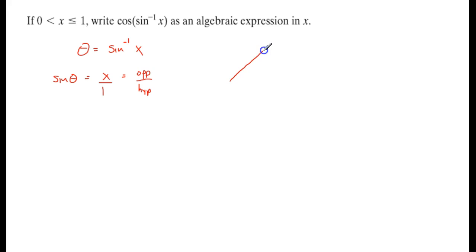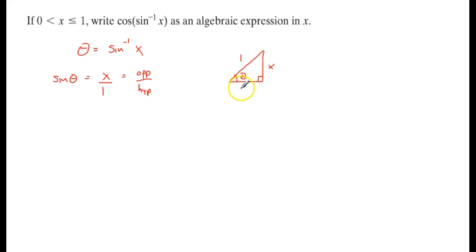So I'll set up my right triangle. There's my theta that I'm dealing with here. And the opposite is x, so the opposite side of that angle is x. There's the 90 degrees, so that means the 1, the hypotenuse, is opposite the 90 degrees. Alright, so what does this end up being?